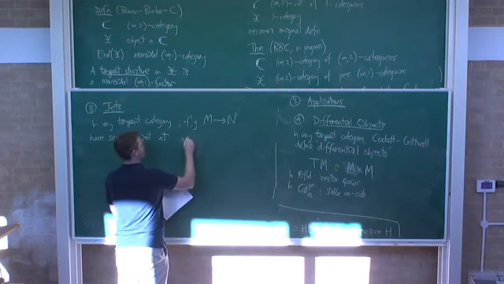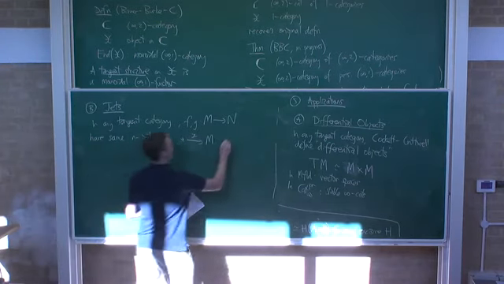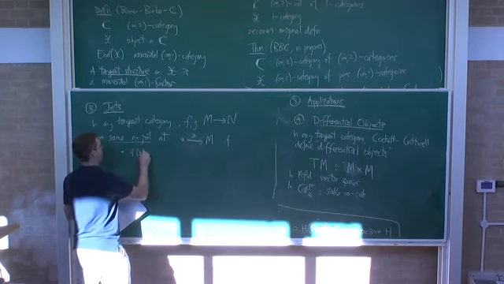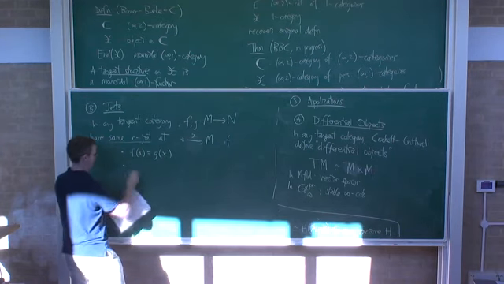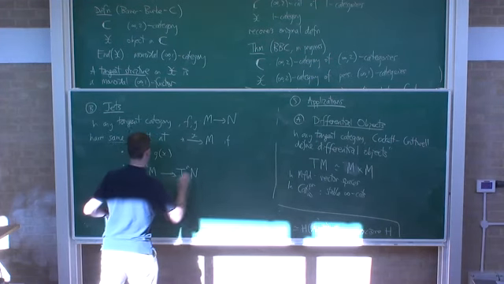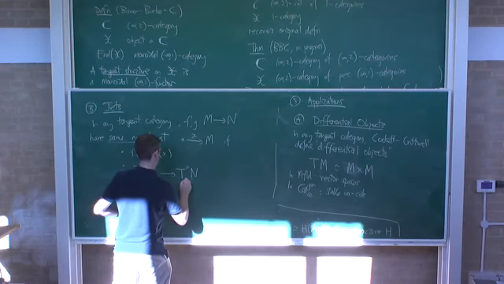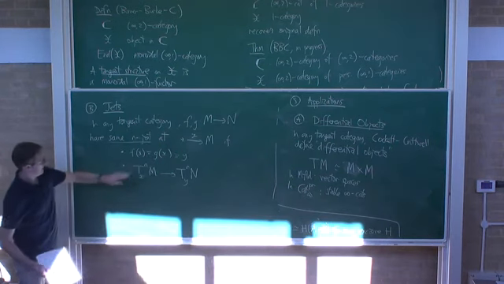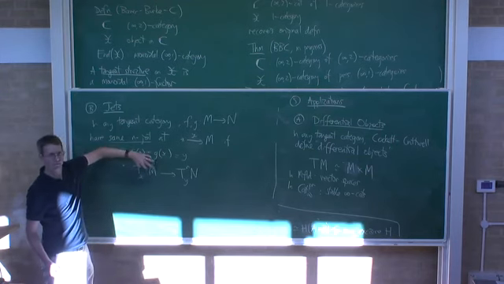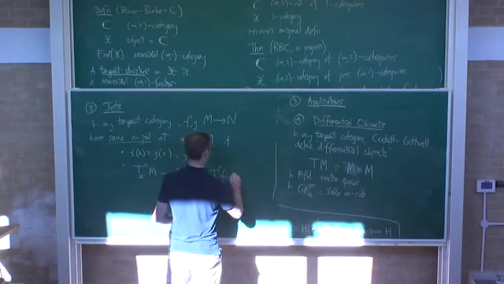A point is going to be some map from the terminal object into M. They have the same n-jet if f of x is equal to g of x, and when I look at the n-fold tangent bundle at this point x, going to say y, f and g determine the same map on this fiber of the n-fold tangent bundle. So T^n f is equal to T^n g.